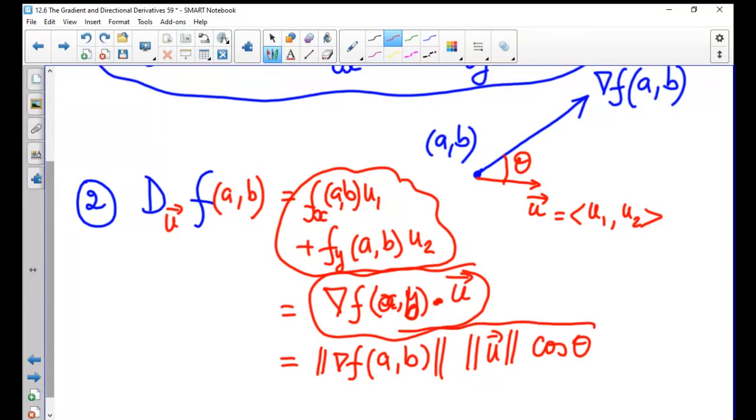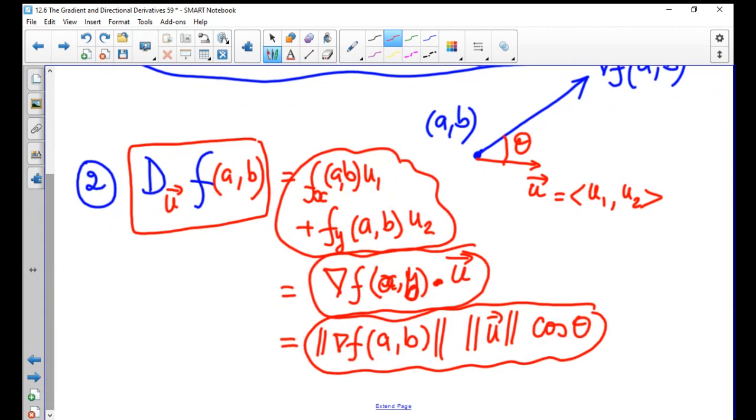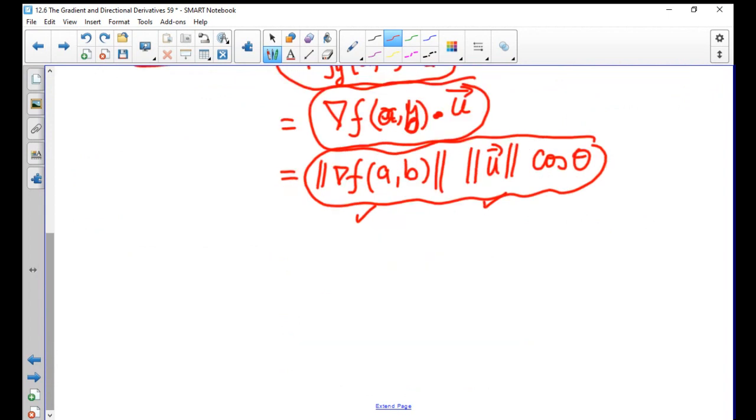So another form of writing this directional derivative is the magnitude of the gradient multiplied by the magnitude of the unit vector multiplied by cosine theta. Finally, what is the magnitude of the unit vector? What is this number here?